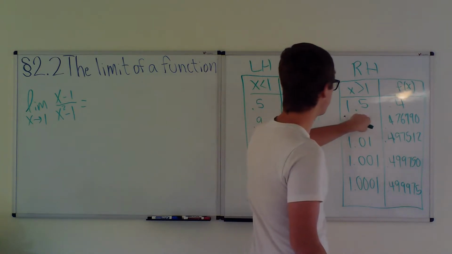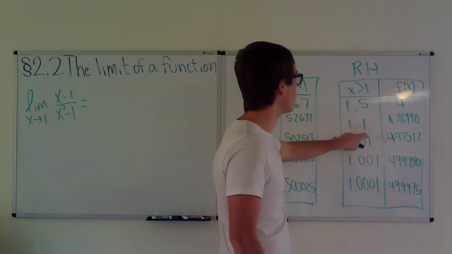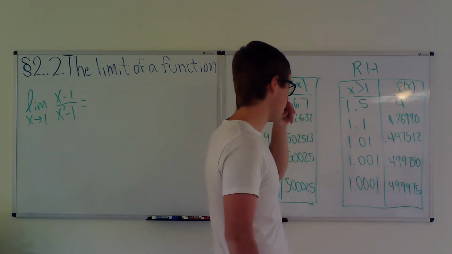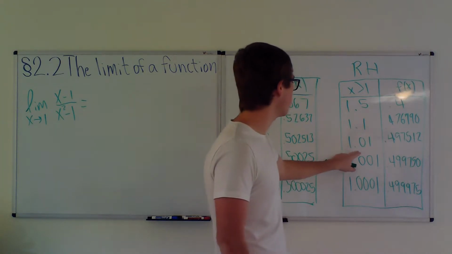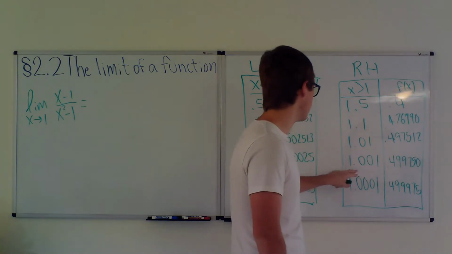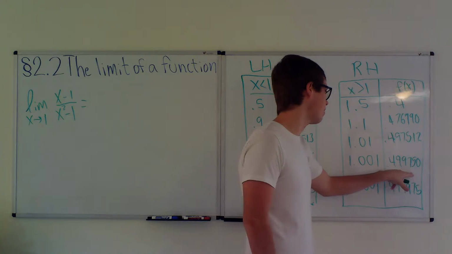So now we go to the right-hand side. It's 1.5 and 0.4. And then 1.1 is 0.476190. Okay, that's starting to get close. And then 1.01, 0.497512. And then 1.001 is 0.499750.